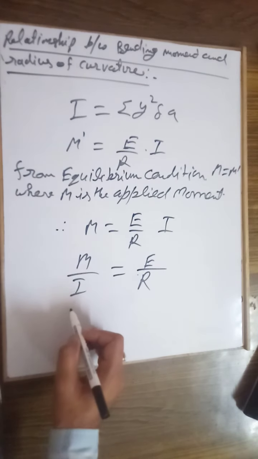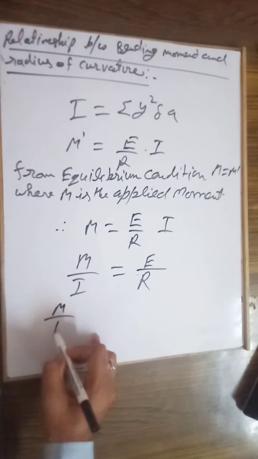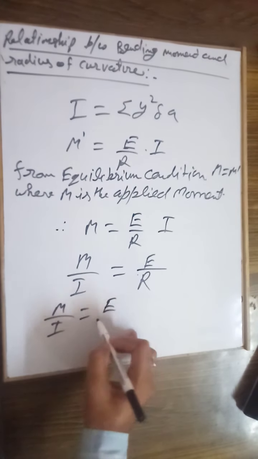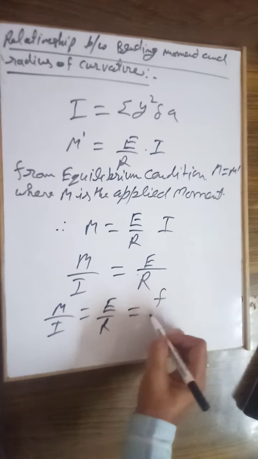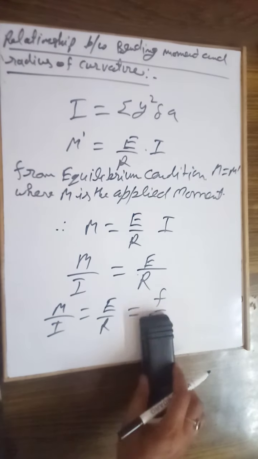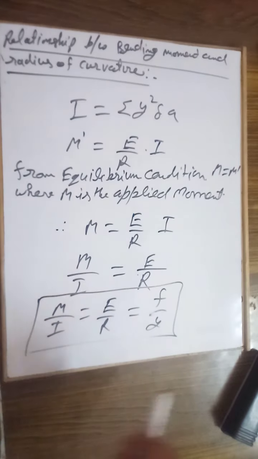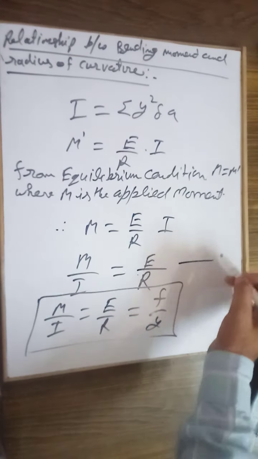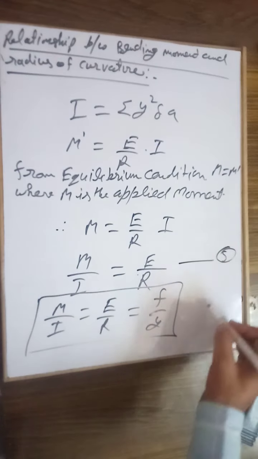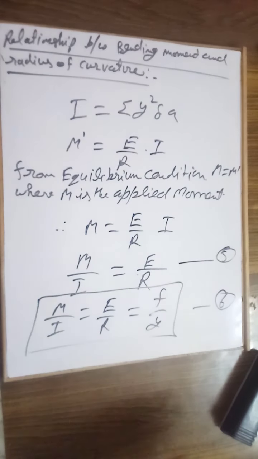So we can finally conclude that M upon I is equal to E upon R is equal to F upon Y. So this is our equation number 5, and this is equation number 6.